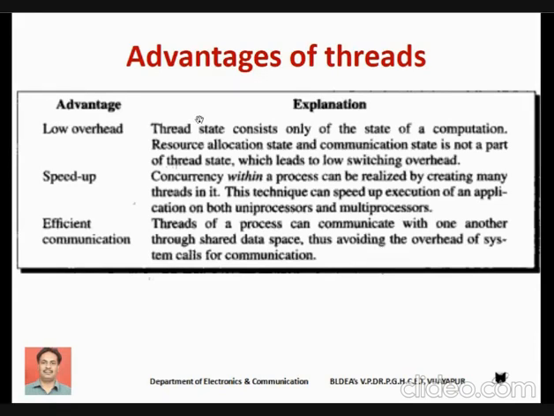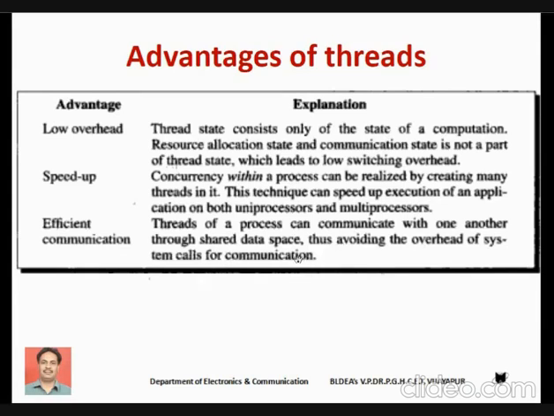To execute these system calls, the operating system requires some time. It is something like an overhead. But in case you have threads, thread communication can be directly implemented by using shared data space. They need not use any system calls for communication.